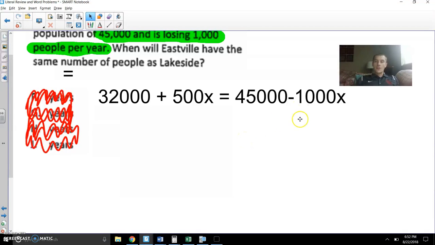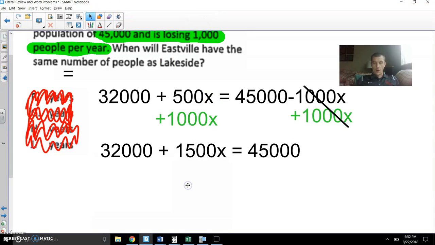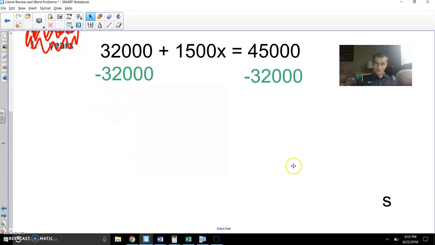So let's start thinking about combining like terms. This minus 1,000 is tempting to move first. So I'm going to consider moving that over. And let's see what that would give us for a new value for our increasing values per year. So more like 1,500 when we move it over to the left side. Now I'm wanting to move 32,000, so let's move that over to the right side.